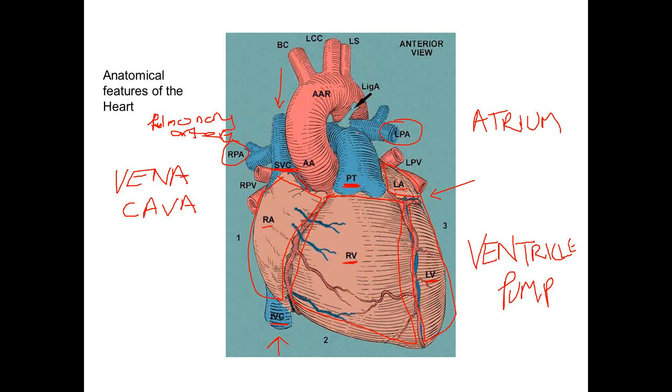The blood, once oxygenated, will then come back via the two pulmonary veins.